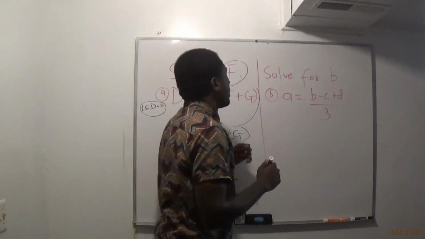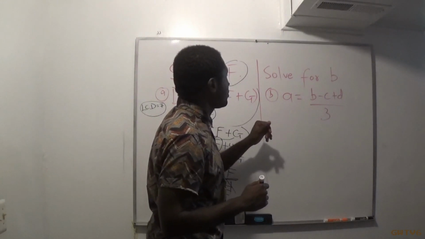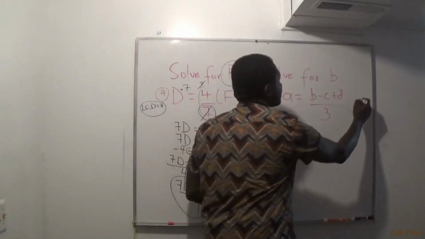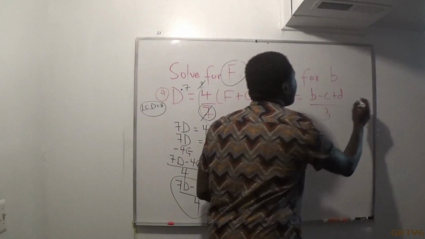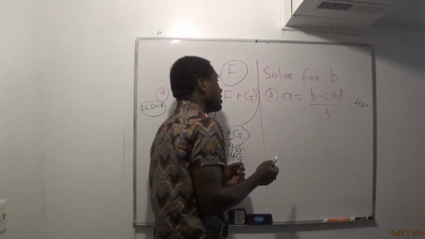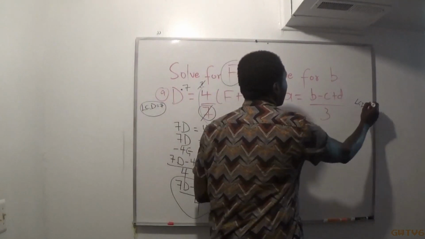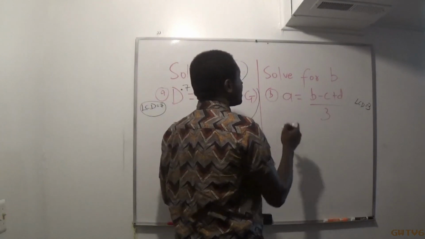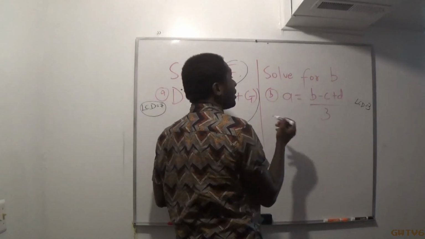Okay, alright. So for this question too, again, I see a fraction, so I have to find the LCD. And anytime I see only one number at the bottom, that would just be my LCD. So my LCD is just that 3 right there. All I'm going to do is multiply each term by the LCD.